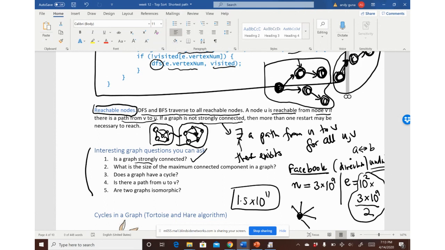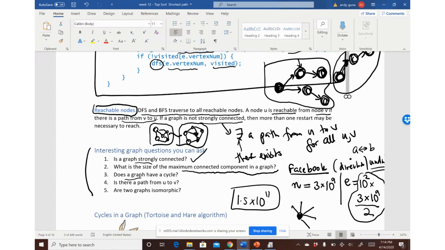So we can ask, if it's not strongly connected, what is the maximum connected component in Facebook? What is the largest group of people who are connected to each other? Even if you take a friend of a friend, that's okay. Friendship is the definition of this connectedness.